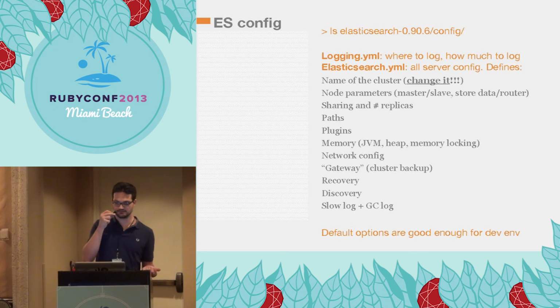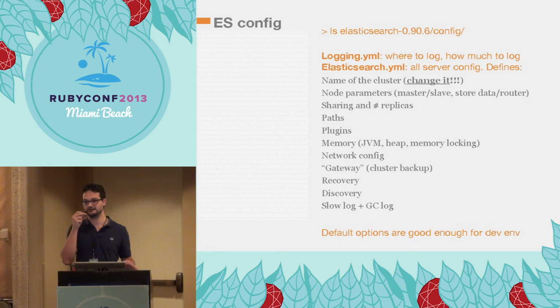What it means is that if you are operating on your localhost, you're actually operating on all your developer team. And it's a nightmare in troubleshooting because I can wipe out the entire database and everyone else that is working on that doesn't realize what's happening. So it's very good that at least you change the name of your cluster.